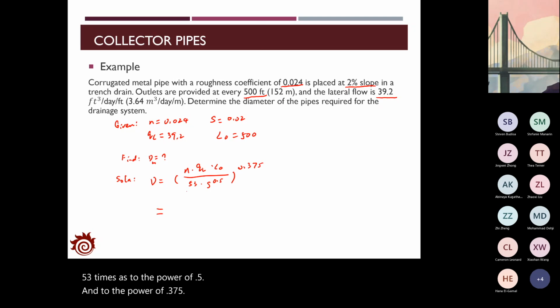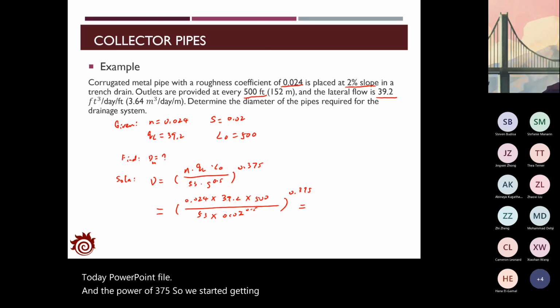And with that, we have 0.024 times 39.2 times 500 divided by 53 times 0.02 to the power of 0.5, and to the power of 0.375. So with that, you get the minimum diameter for the pipe is 4.72 inches.